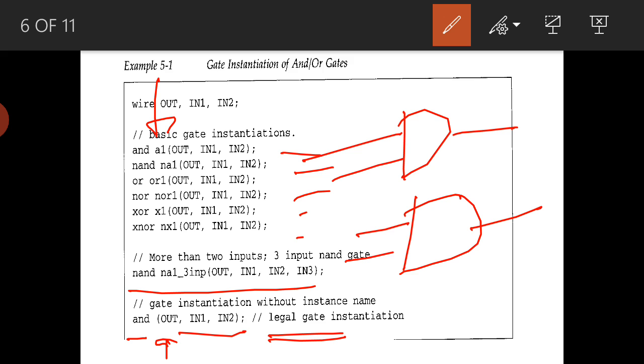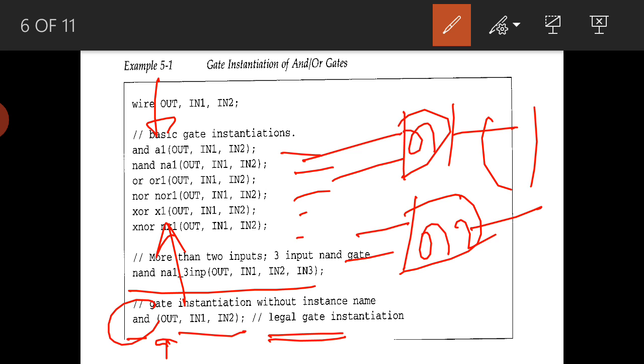We can do that with the instance names. Because of that, instance names are required, or we can give any particular name, like N1, N2. I want to differentiate which gate has what connections, so in that case we can use the instance name.